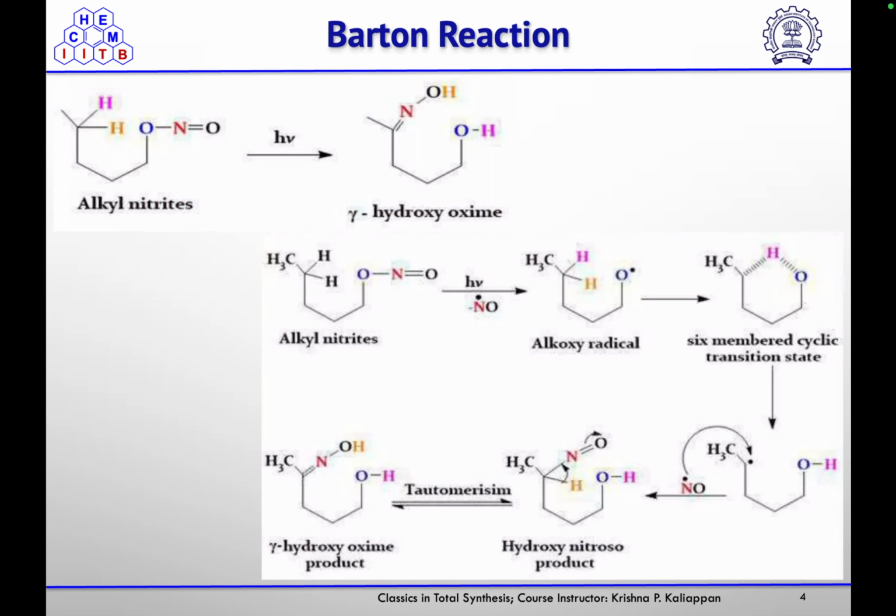The Barton reaction is the conversion of alkyl nitrites to gamma hydroxy oximes. Whenever you have an alcohol and you treat it under photochemical conditions with NOCl, the O radical reacts with the NO radical and first forms the nitrite.